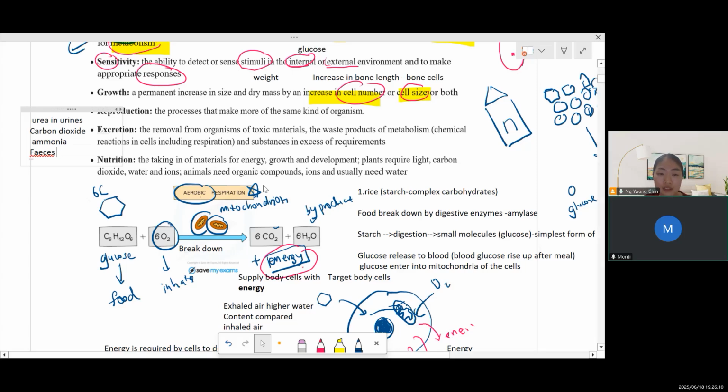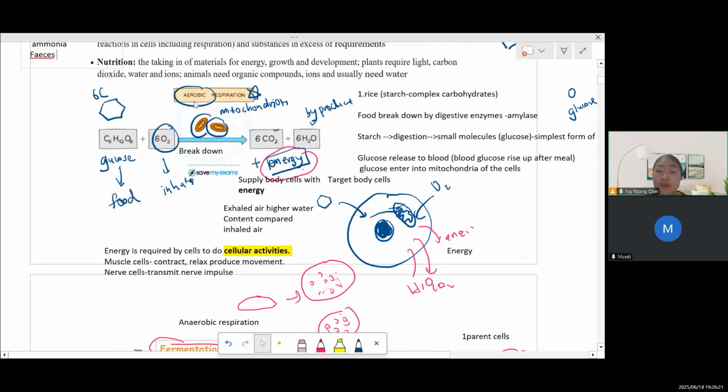Oh, so in aerobic respiration, they also excrete carbon dioxide? Definitely, yes. In aerobic respiration, you are excreting carbon dioxide. That's why you need to exhale the carbon dioxide away through exhalation.